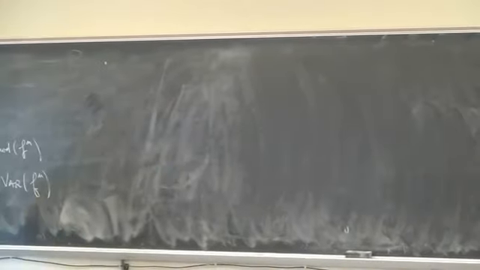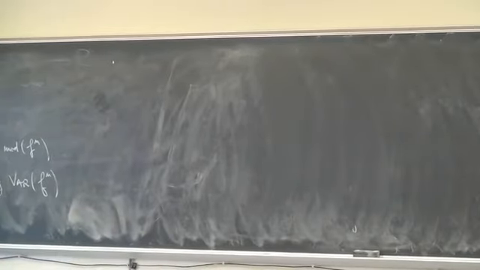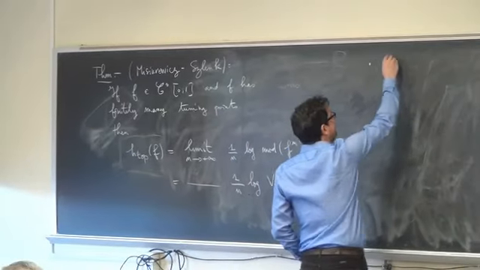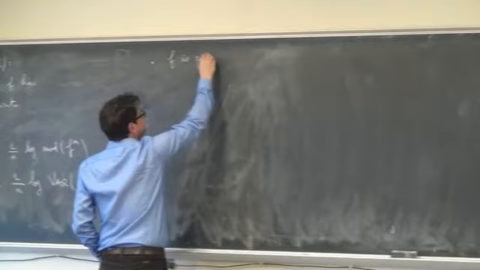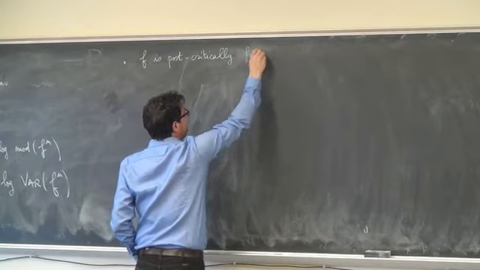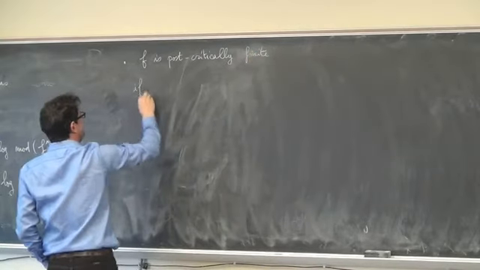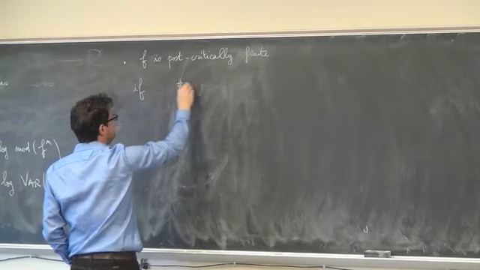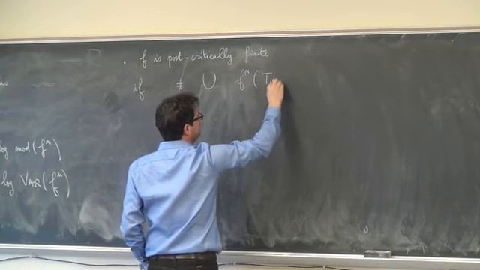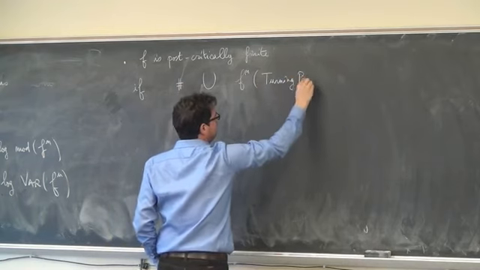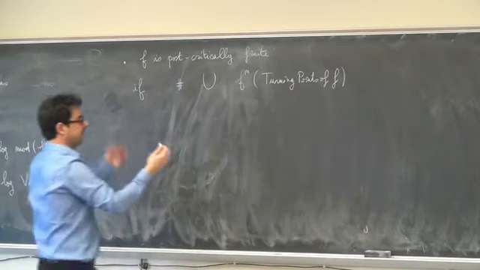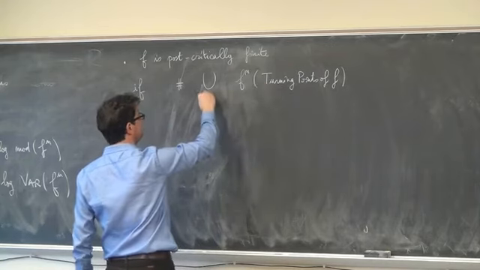And for that we shall make an assumption on the dynamics of f. So here is the assumption: we say that f is post-critically finite if you take the turning points of f and you take the orbit of the turning points, and these orbits are finite orbits.